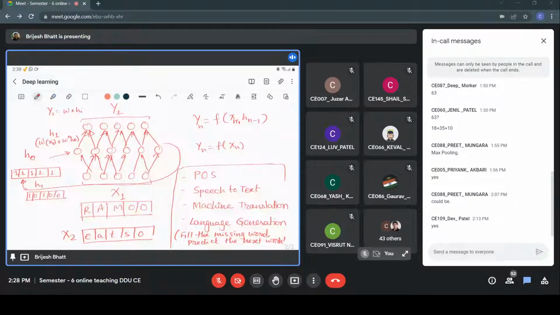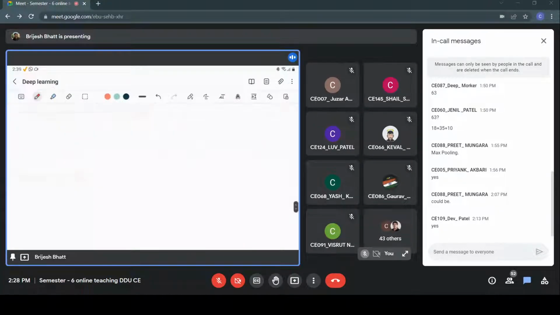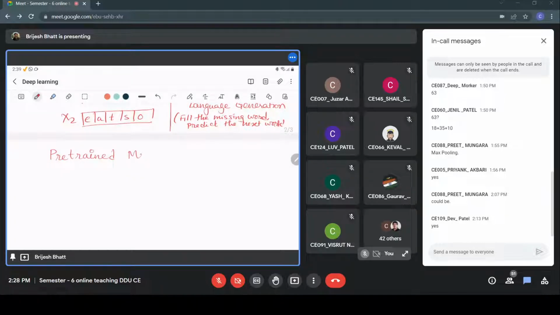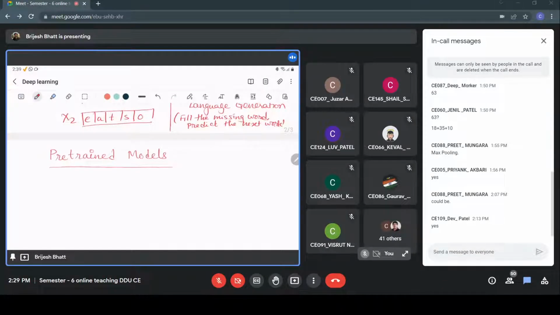Once they train the model, they release it for public consumption. So that gives us some pre-trained models. They have trained the models on millions of data points and given us this kind of model. Usually these are transformer-based models.